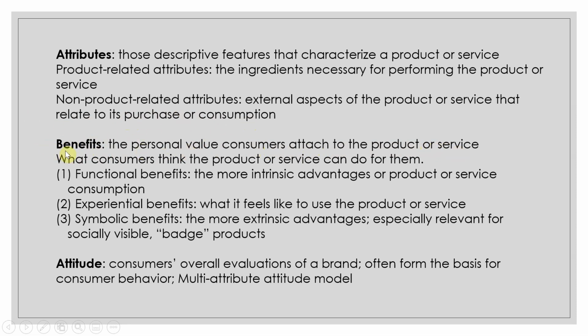Sometimes benefits are related to attributes. Each attribute can create a benefit. And the benefits are what consumers think the product and service can do for them. There are three types. Functional benefits are the more intrinsic advantages of product or service consumption.